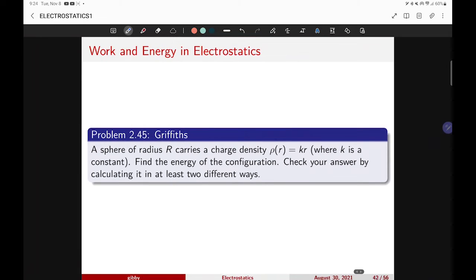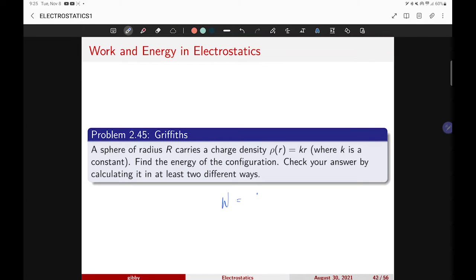Okay, let's take a look at this example. We have a sphere of radius R that carries a charge density rho of r equals k r, where k is a constant. Find the energy of the configuration. You might check your answer by calculating it in two different ways. If you want to find the energy of the configuration, we are looking for W. And there are two ways to solve it.